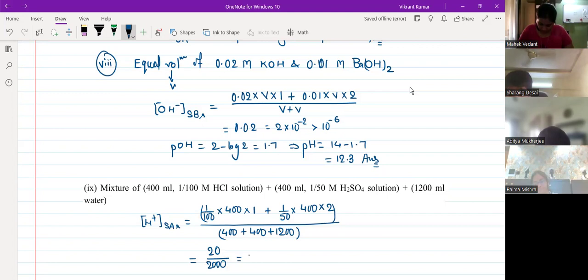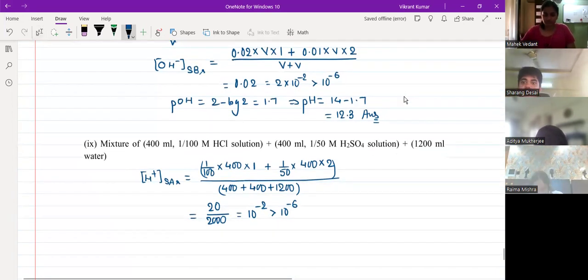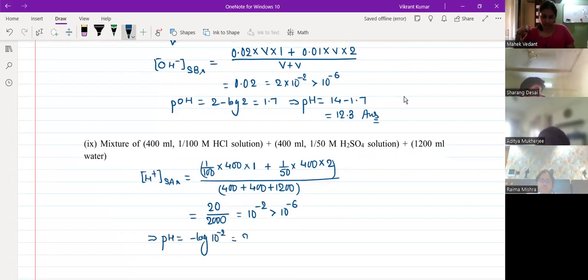That is 1 by 100 or 10 raised to minus 2, which is more than 10 raised to minus 6. And that's why we are considering that ki pH will be calculated based on this data directly. And that's why we'll say pH will become minus log of this 10 raised to minus 2, which is 2. This will become the answer. Is it okay?